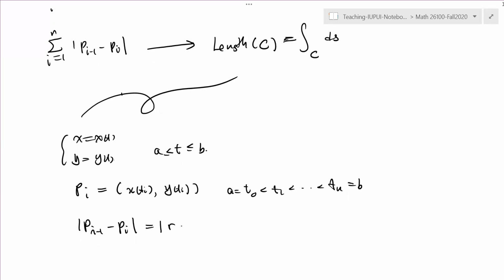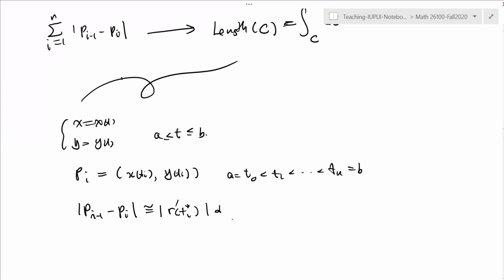This can be approximated by the length of r prime at ti star, times delta ti. I'm going to show you why this is true.